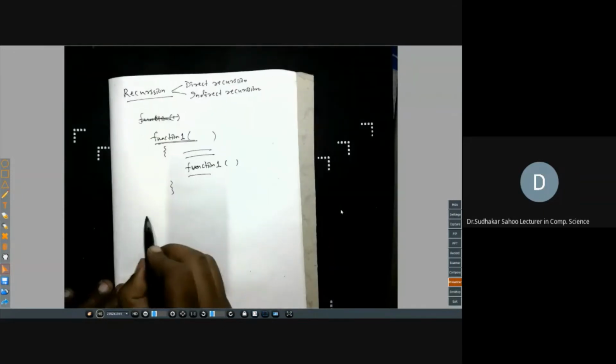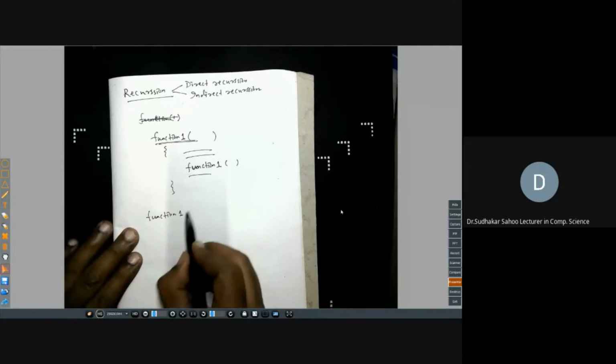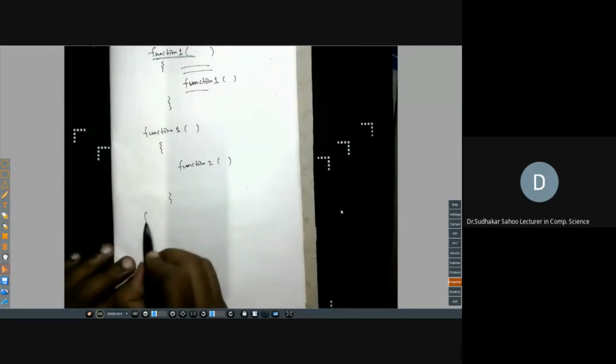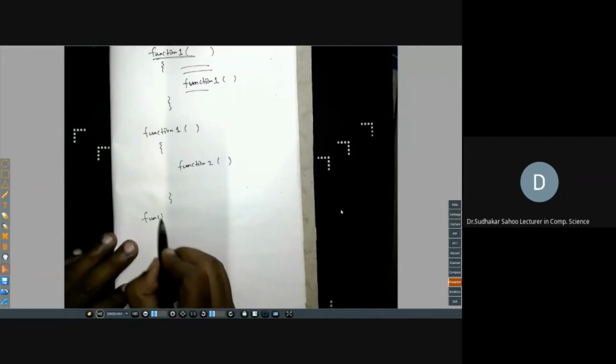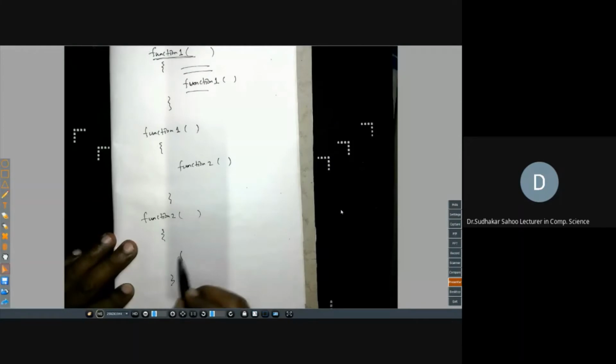Okay, indirect recursion means function 1 calls function 2. Again, function 2 calls function 1.